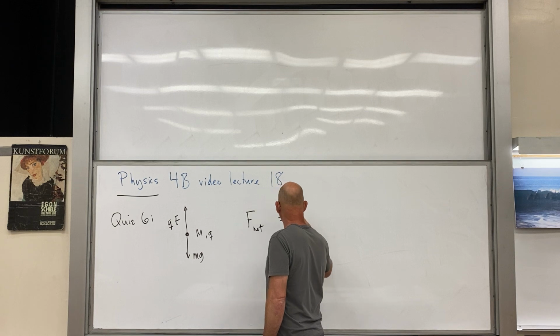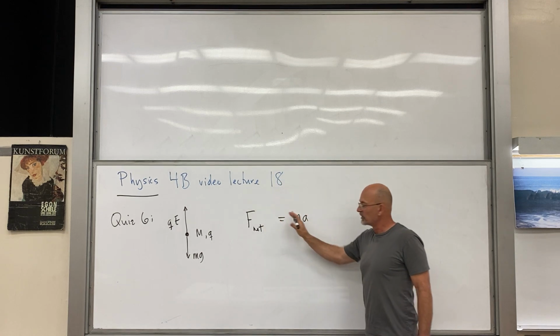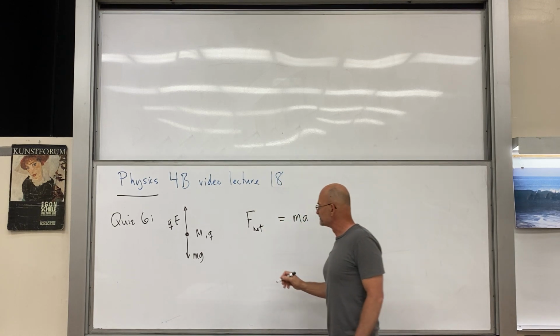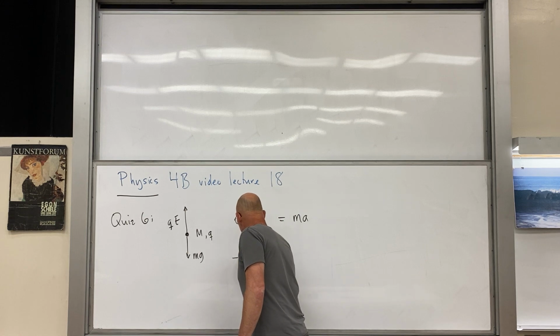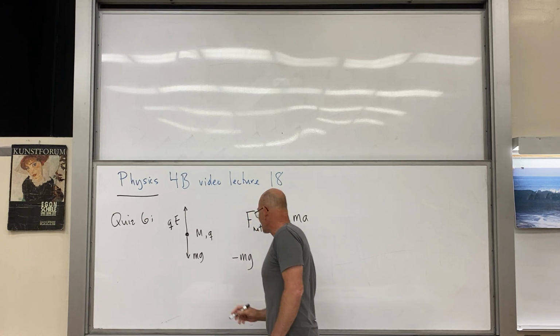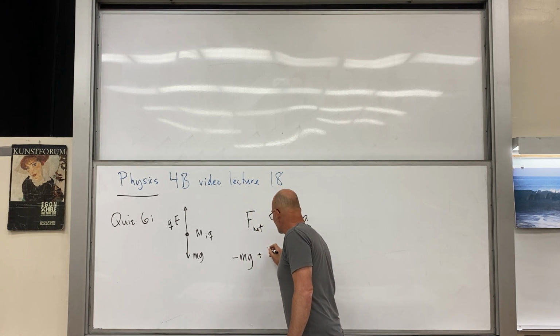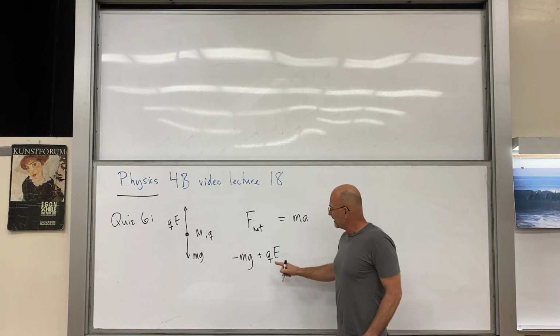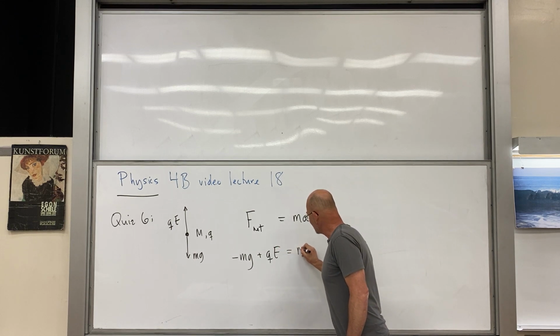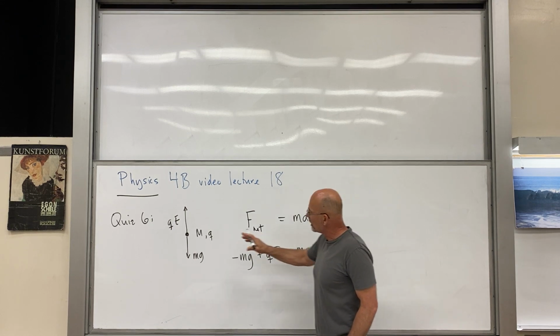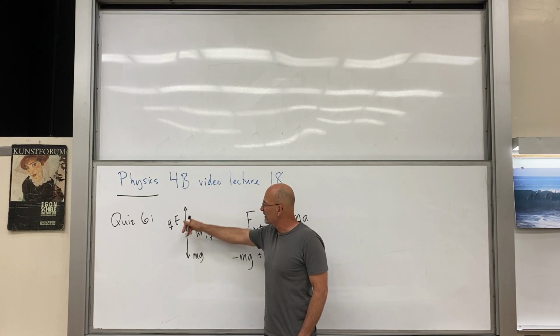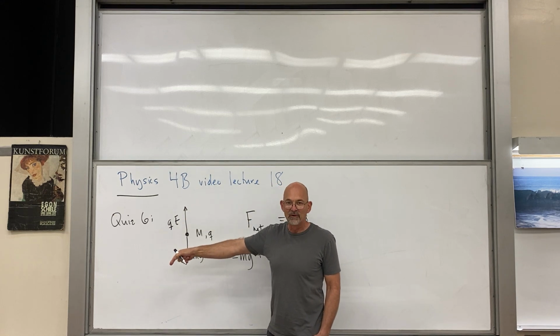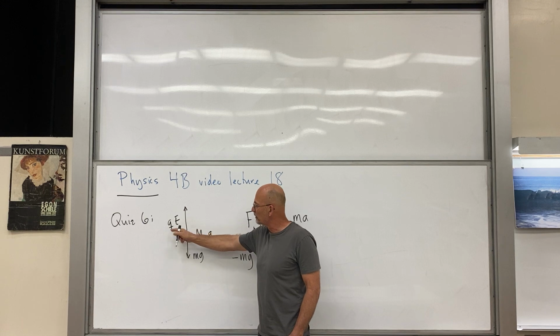We're going back to mechanics. Net force equals mass times acceleration. We definitely have minus mg and plus QE. Okay, magnitude going up, but it's already clear that the charge is going to have to be negative because the E field in this problem is pointing down.